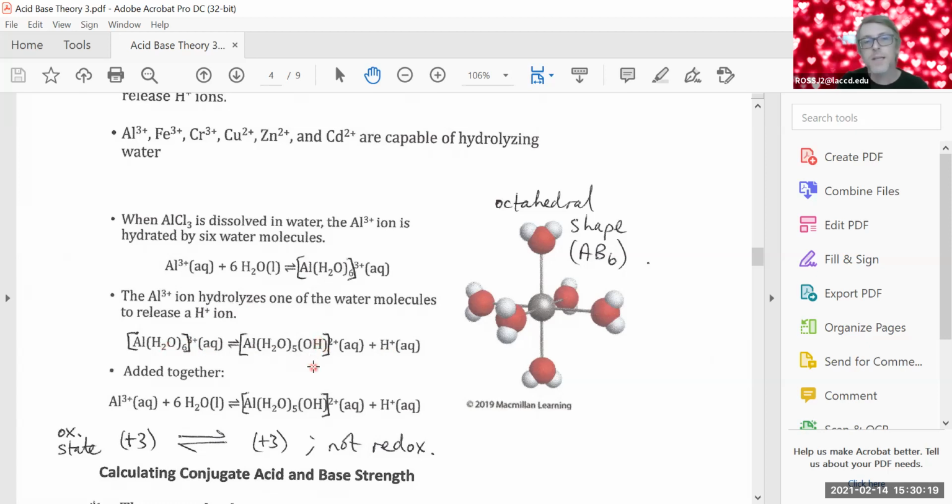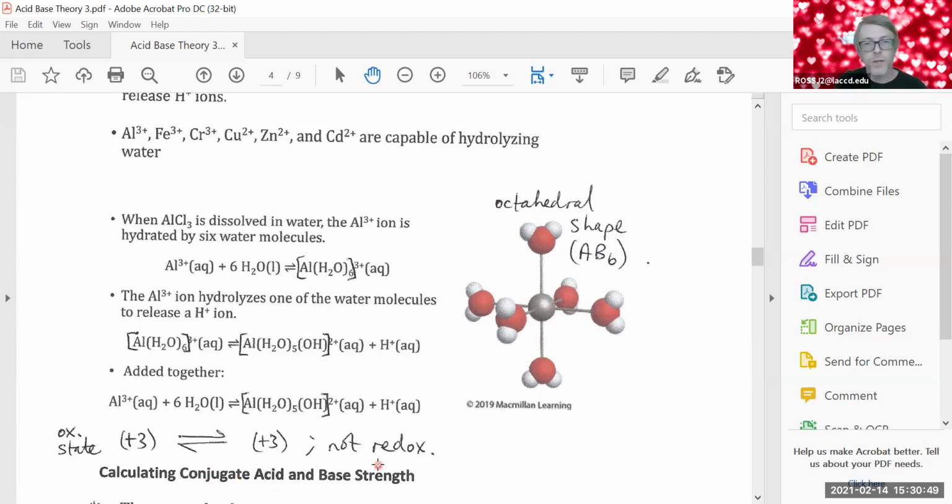The hydroxide has a single negative charge, so that's going to overall reduce the net +3 charge to a net +2 charge. Remember, it's not redox though, because the oxidation state on aluminum is still +3. So although it looks like we've gone from +3 to +2, we haven't. We've just mopped up one of the negative charges by hydroxide.